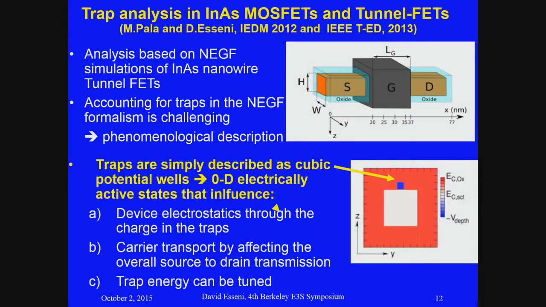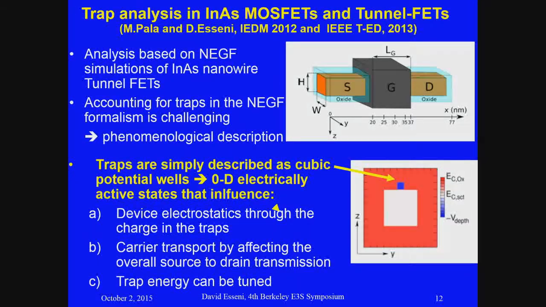And it is not trivial, by no means, to account for traps, not even in the NEGF simulations. And the approach that we used is somewhat phenomenological, in the sense that we describe the trap as just a cubic potential well that we can place everywhere at the interface or even in the bulk of the nanowire, even though I'm going to present essentially results for a trap placed at the interface.